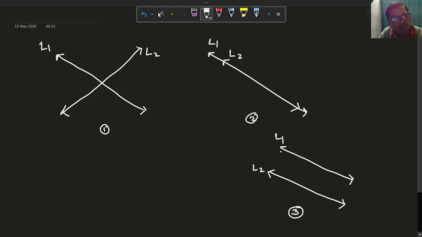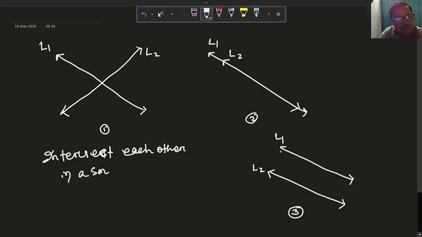If I draw two linear equations or a pair of linear equations on graph paper, then the two lines may intersect each other in a single point, may be coincident, may be parallel.